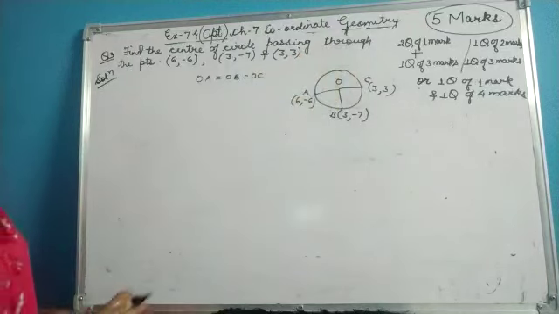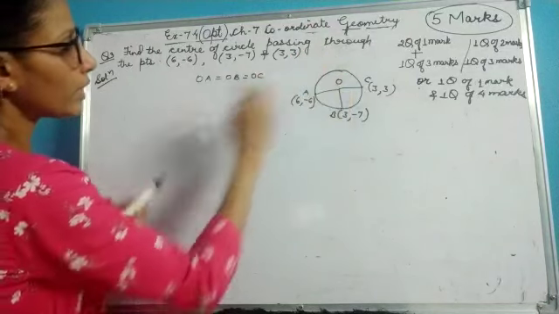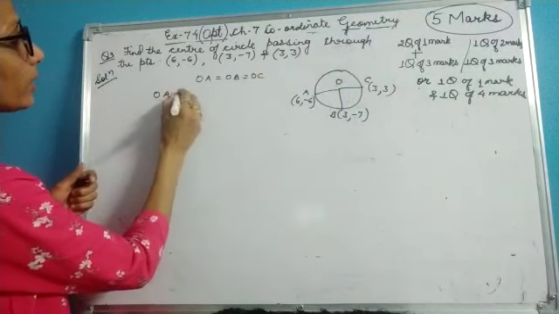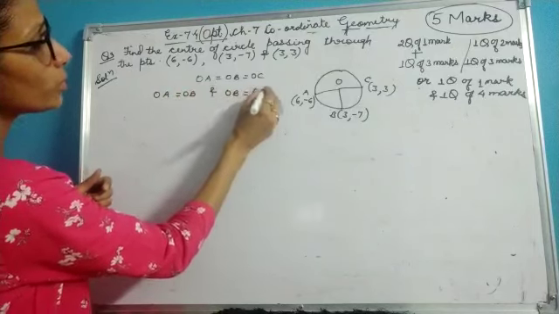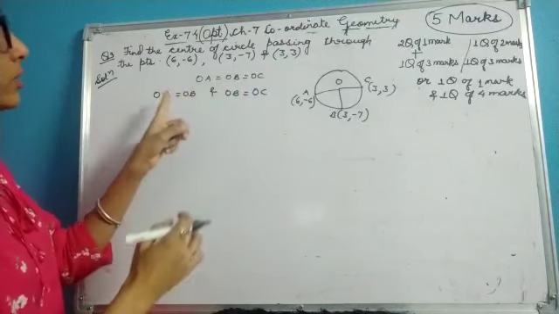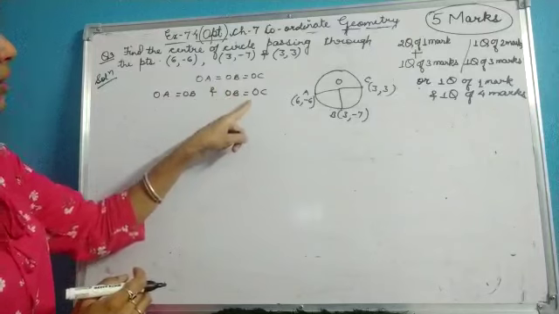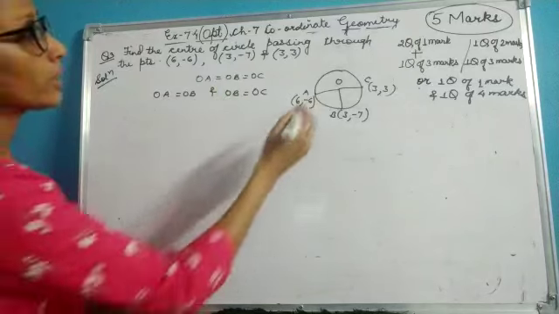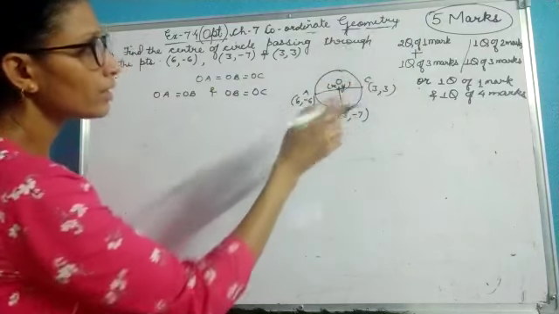Now what I can do here is I can take two things. That means I can equate OA equal to OB and I can take OB equal to OC. So if I find out OA equal to OB, that means the distance between OA and OB and OC, then I will get two equations. Let your center be x comma y or any other value you can take.